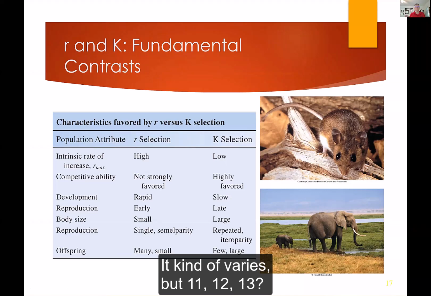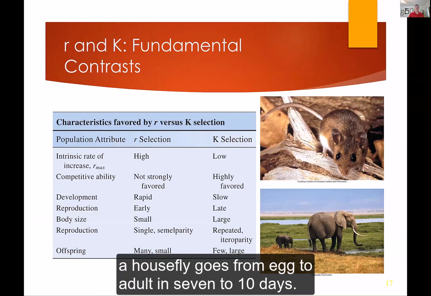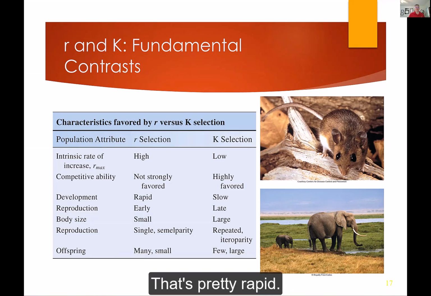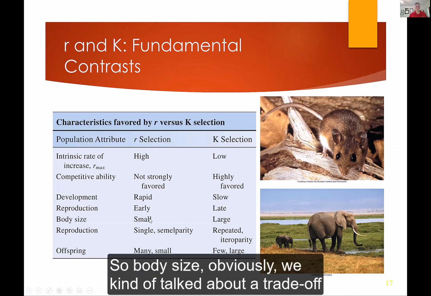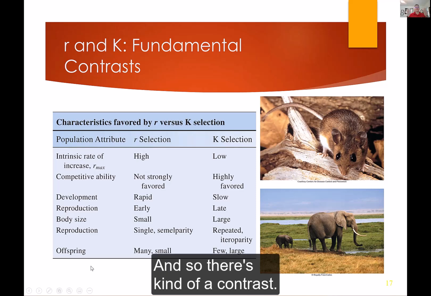Kind of varies, but 11, 12, 13, right? So very slow, where, as Ashley was saying, a housefly goes from egg to adult in 7 to 10 days, right? That's pretty rapid. So body size, obviously we kind of talked about a trade-off there with reproduction. And so there's kind of a contrast.